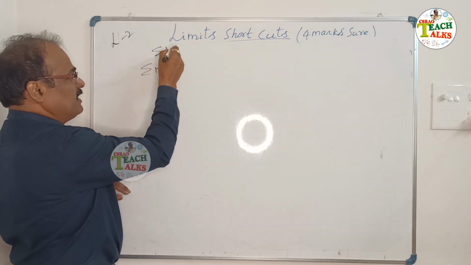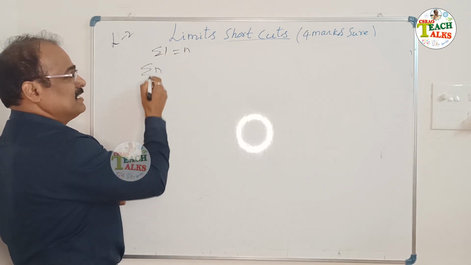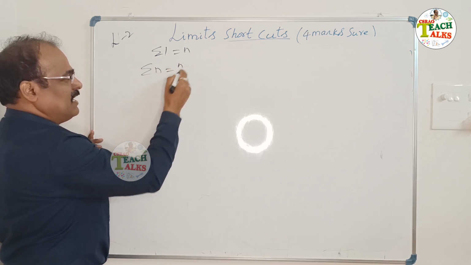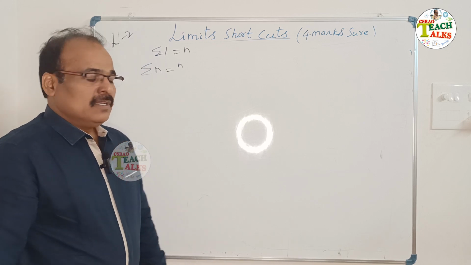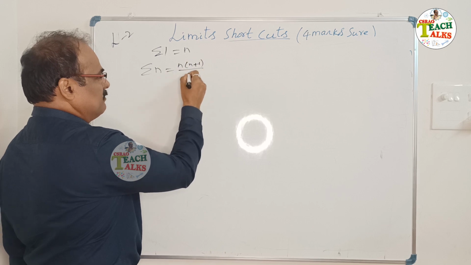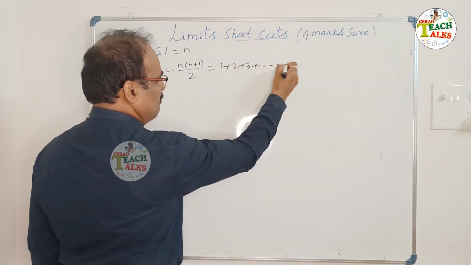Suppose sigma 1 is there, n. Sigma n means the sum of the first n natural numbers, and it is n into n plus 1 by 2. It is also the same as 1 plus 2 plus 3 and so on plus n.